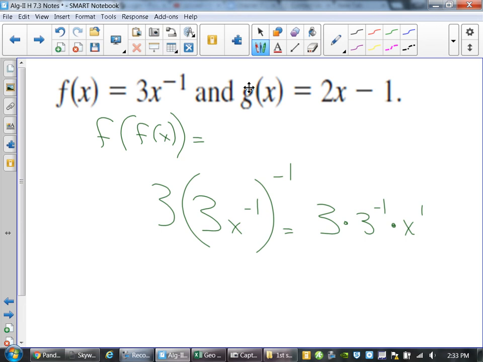Right. 3 times 1/3 times x, which is just x. You're using all of those exponent rules from last year. No, as in December.